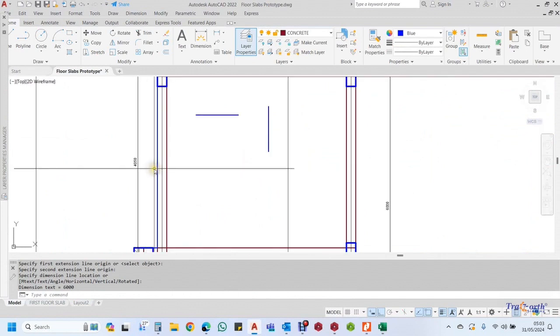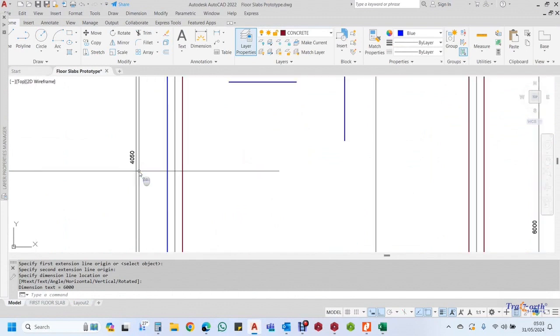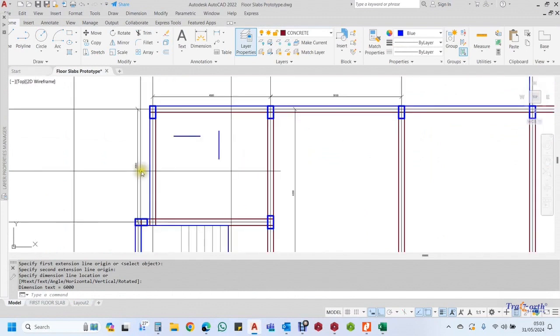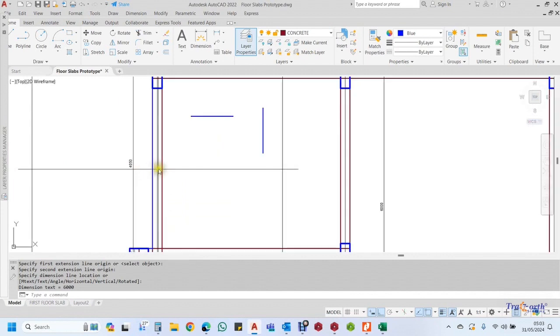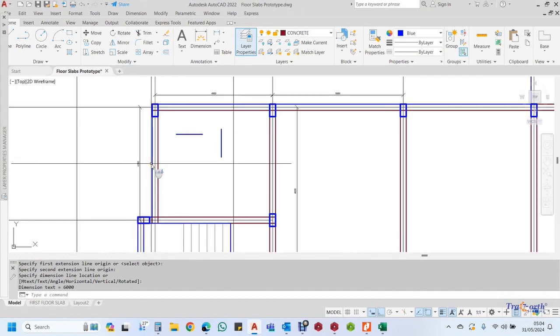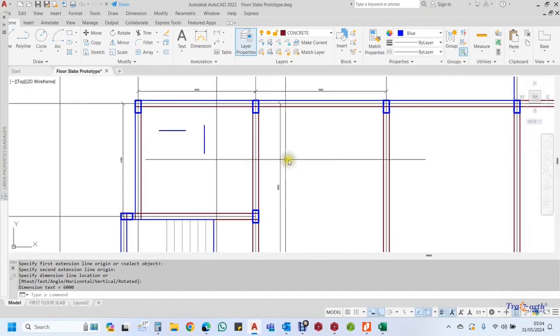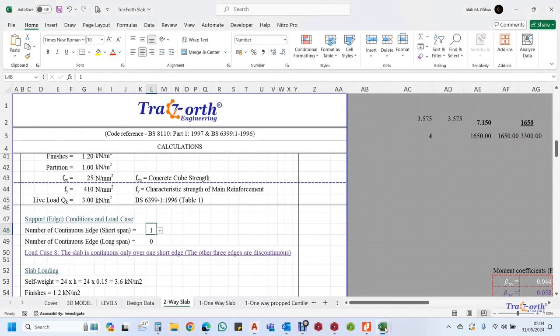On the left side it is discontinuous, that is not continuing. We don't have a slab after this edge. But going to the right side, we have a slab after the edge. So what that now means is that here we have just one edge which is continuous.